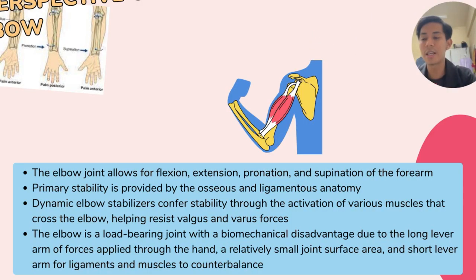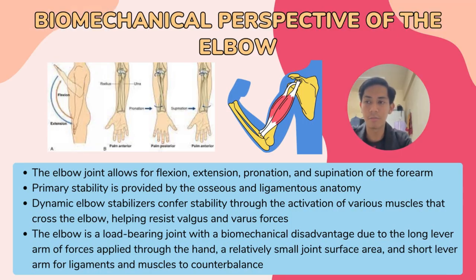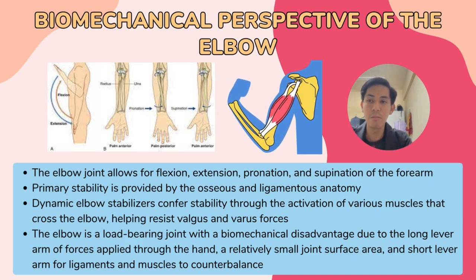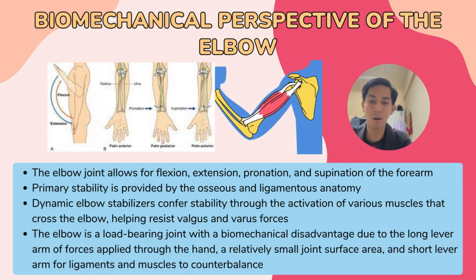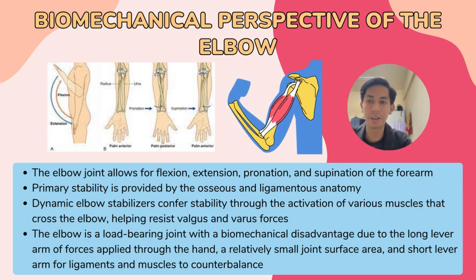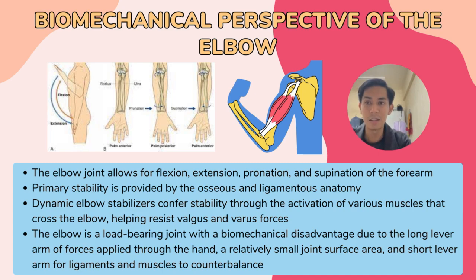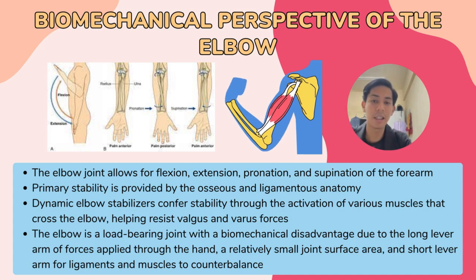For the next part, I will explain the biomechanical perspective of the elbow. The elbow joint's biomechanics is complex, involving the interaction of the humerus, radius, and ulna, which allows positioning of the hand within a sphere defined by the shoulder movement and the length of the arm. The biomechanics of the elbow can be divided into kinematics, stabilizing structures, and force transmission.